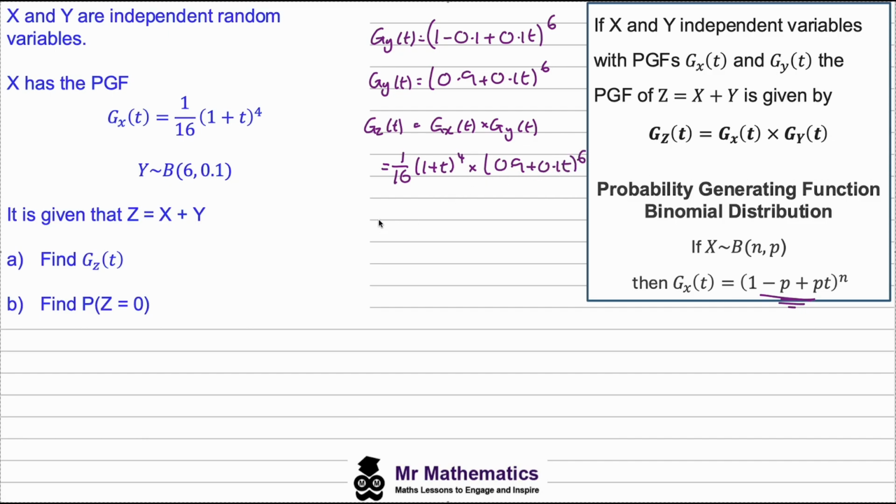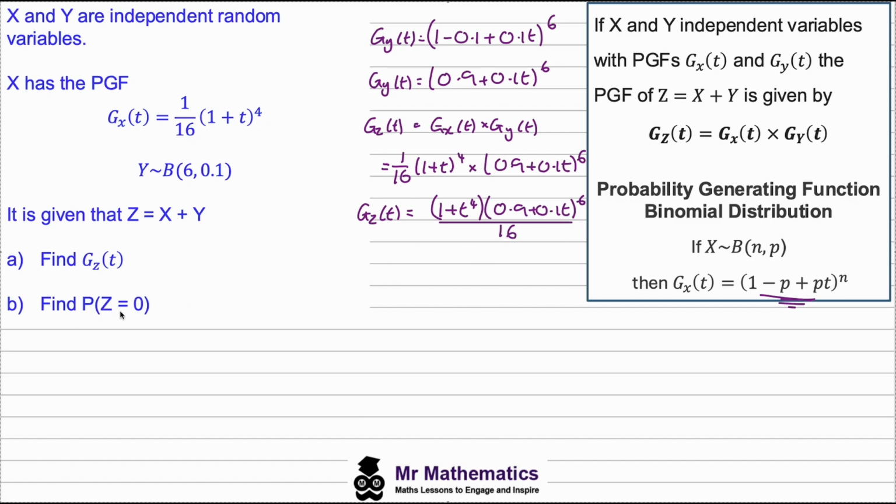I can tidy this up a little bit. So a generating function for z in terms of t will be 1 plus t to the 4, 0.9 plus 0.1t to the 6 all over 16. Okay?